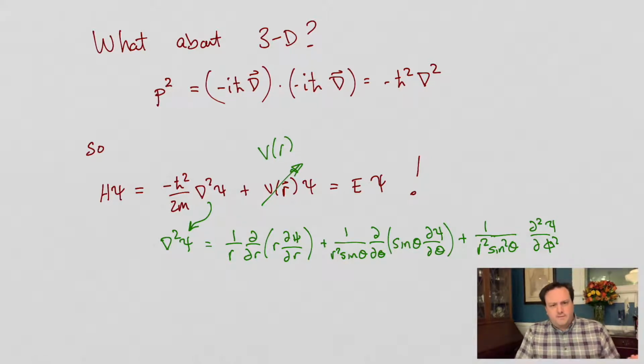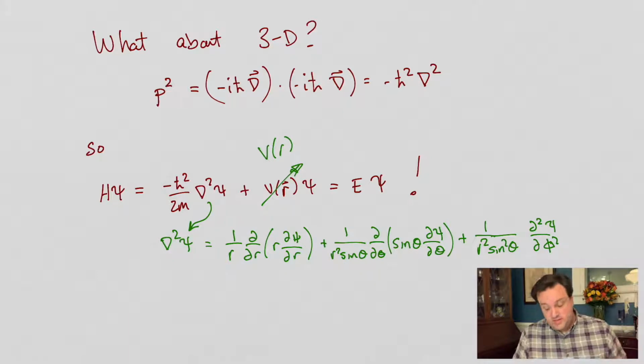And this is not our favorite way to write down the Laplacian operator. The Cartesian coordinate system is the one where the Laplacian operator really makes us happy. But I digress. We're going to have to live with what we got here, because for so many problems in quantum mechanics, for example, the hydrogen atom, we're going to get to a point where the potential only depends on your distance from the center.